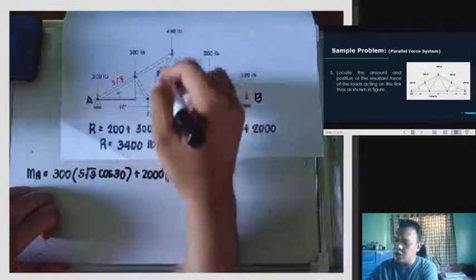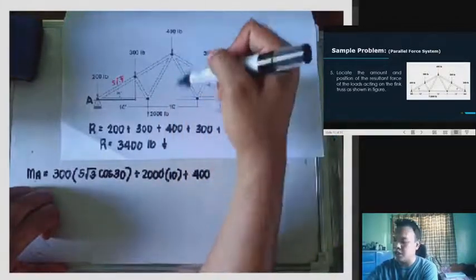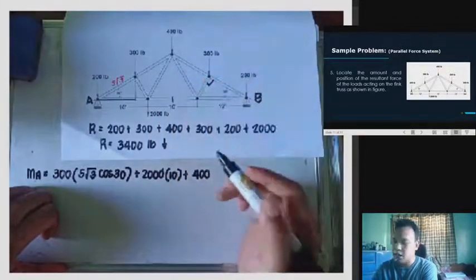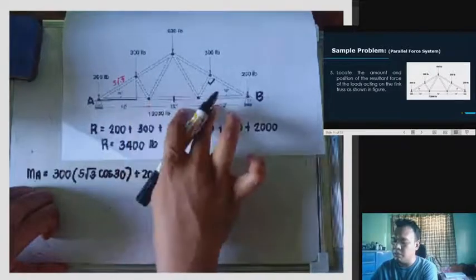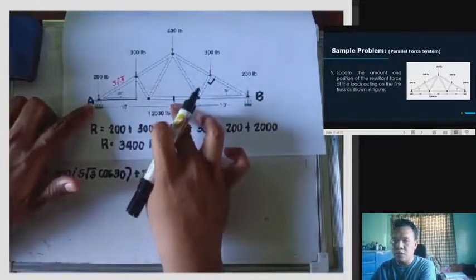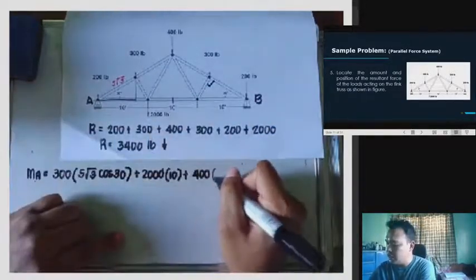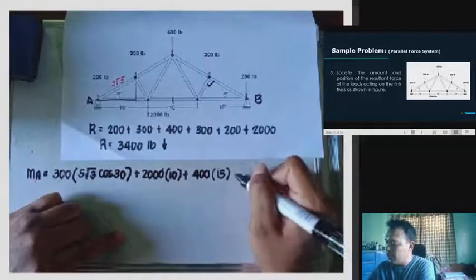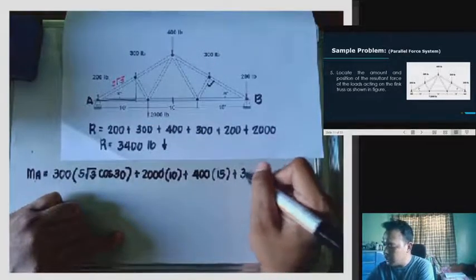Since equilateral triangle to, malamang sa gitna siya. So din sa 5 siya, so may 5 dito, 5 din dito. Therefore, the perpendicular distance will be 15 times 15 plus 300 pounds.